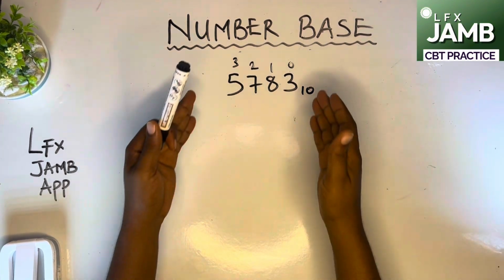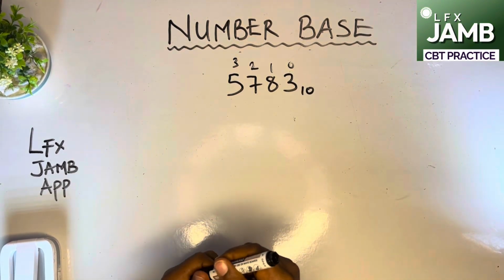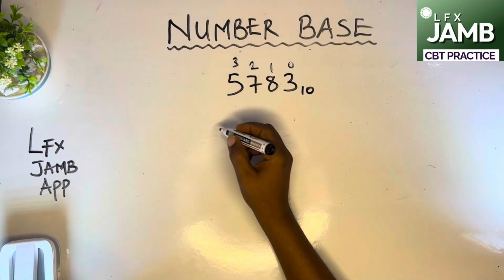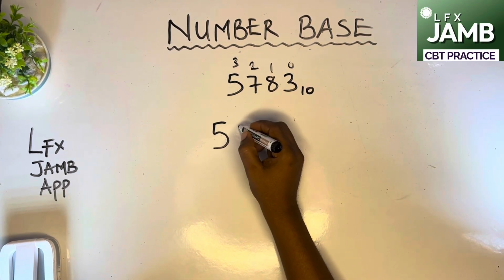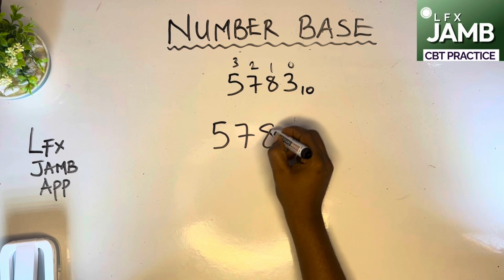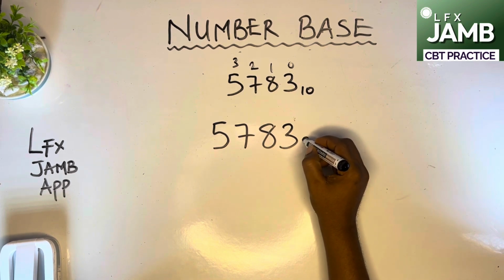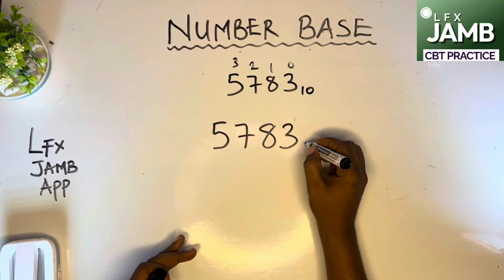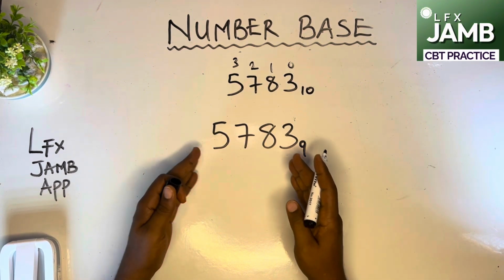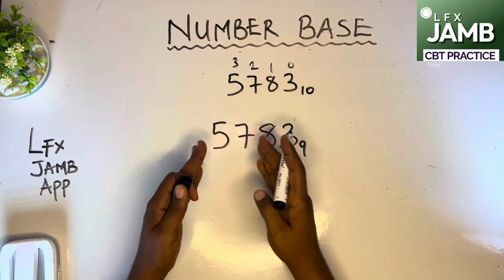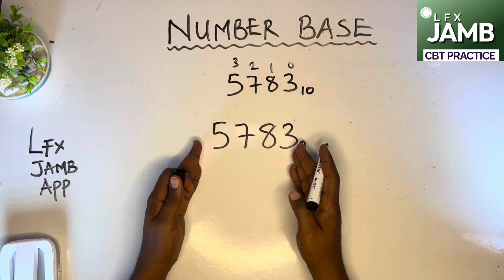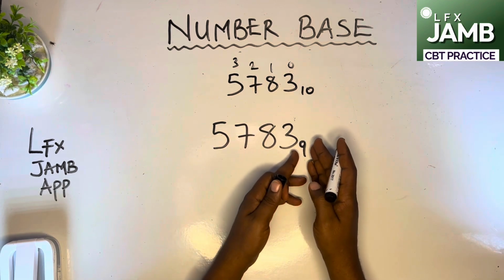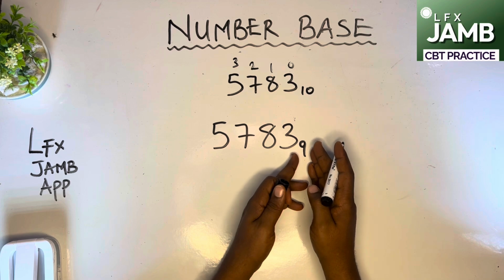What if this same number is given in base 9? 5, 7, 8, 3 to base 9. If we notice, no digit here is equal to 9 or above 9.